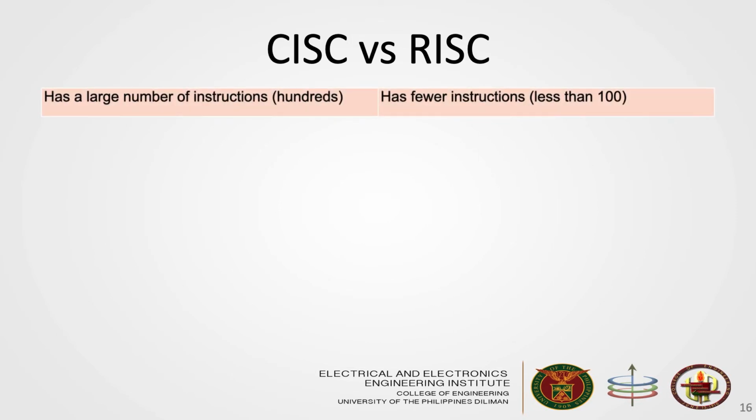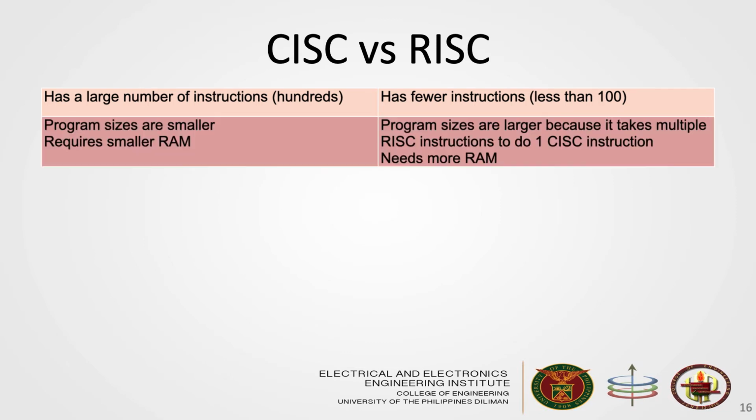CISC has a large number of instructions, usually hundreds of instructions, while RISC only has few instructions, typically about 100 or less. CISC program sizes are smaller, thus they require smaller RAMs, while RISC program sizes are larger and require bigger RAMs.